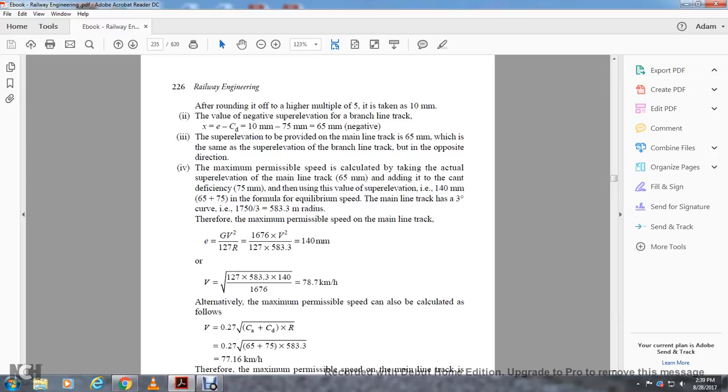Or the velocity is the square root of 127 times 583.3 times 140 divided by 1676, which is 77.7 kilometers an hour.